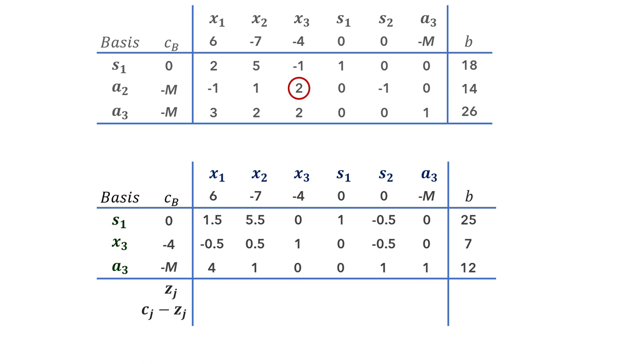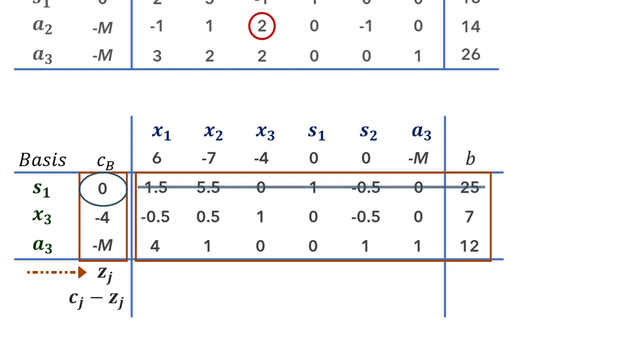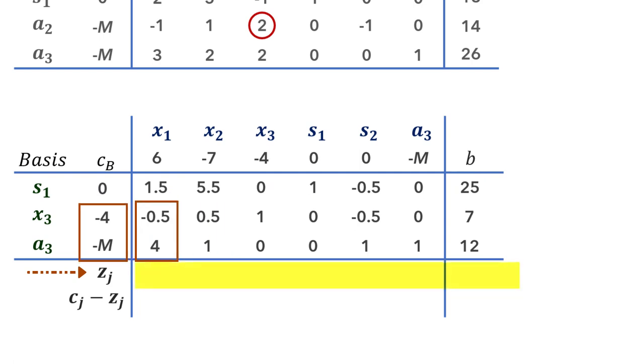Next, we compute the entries of the Zj row using the sum product of the CB column and other columns. Since we have 0 in the top CB row, multiplying the top row values by 0 will result in zeros, so we can ignore the first row in calculating the Zj values. For the x1 column, we have -4 times -0.5 plus -m times 4, which gives 2 minus 4m.